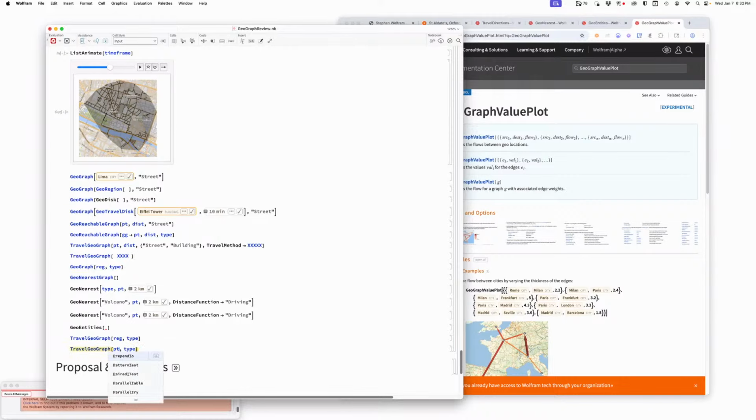Instead of the region, we've got a point and a distance, or a time. And we've got a third case, which is this thing cookie-cuttered by a region.